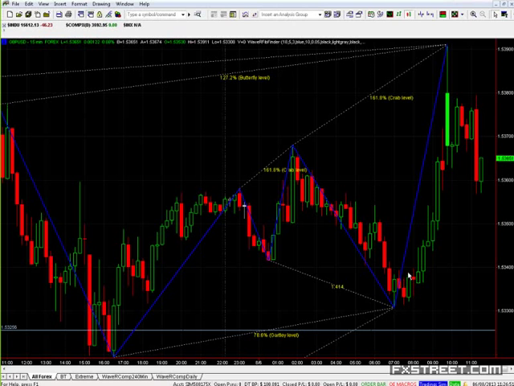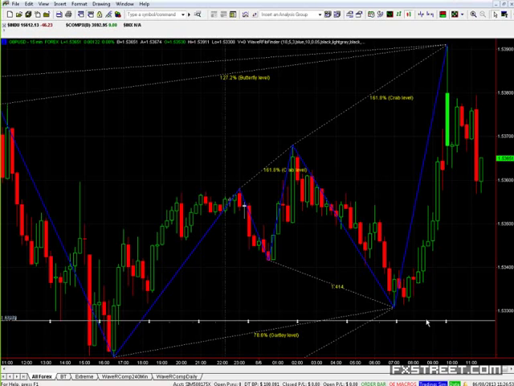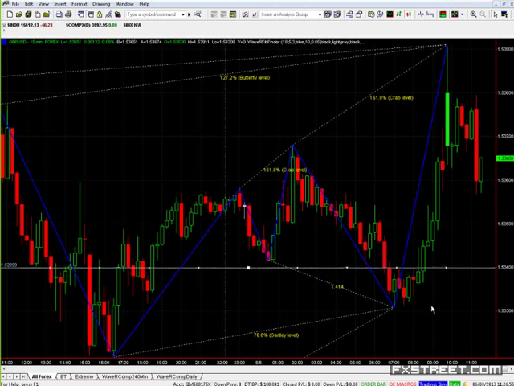As price came out of this pattern, and I just use this line, it becomes a buy with a stop just underneath the pattern. Look at the pips, 10 pips. Add on a little bit of spread, a little bit of slippage, and we've got a stop which is no more than 13 pips. There we are, that was signaled there.